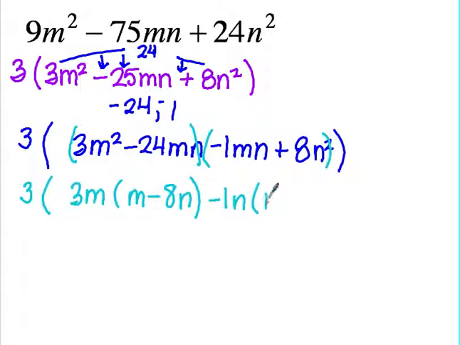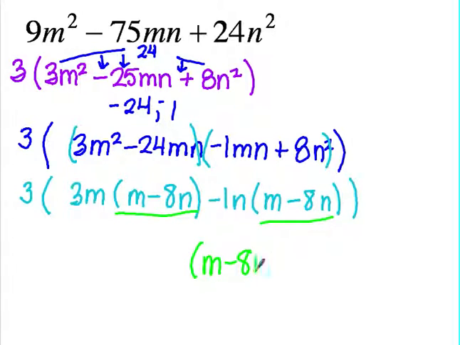An m. Yep. Negative 1 from 8 is negative 8, and n from n squared leaves you with n. So if you notice, those match. So that's one of your factors.